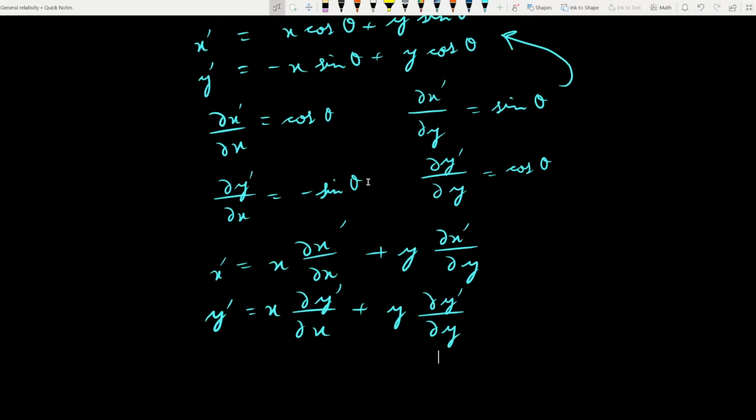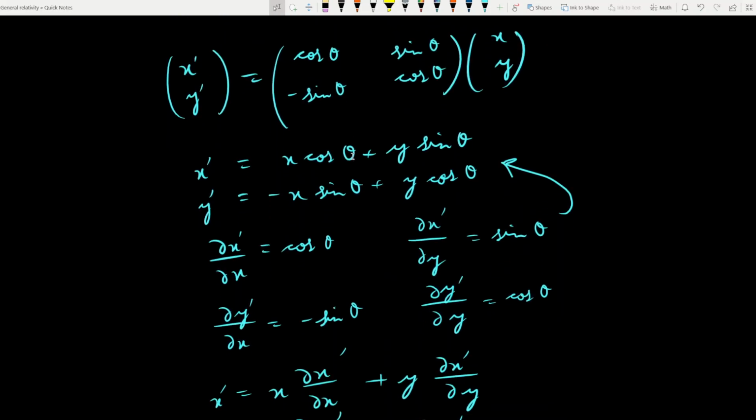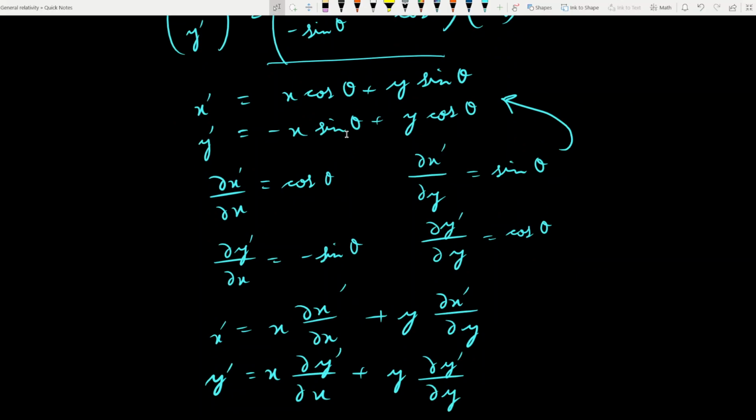Now one thing to keep in mind is that any linear transformation can be represented by a linear transformation matrix like this, right? So any linear transformation would result in sets of equations like this set right here.